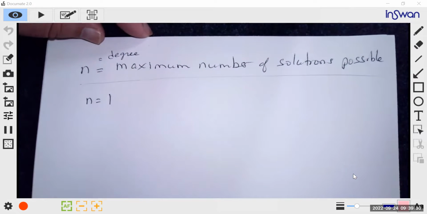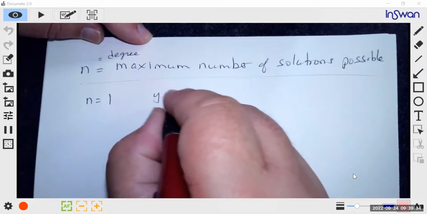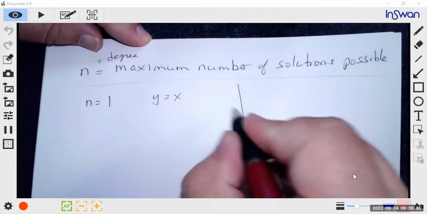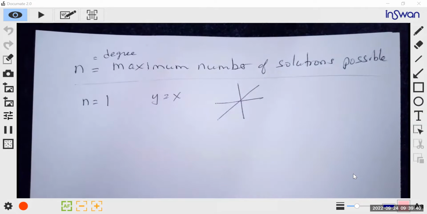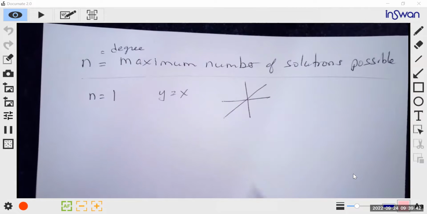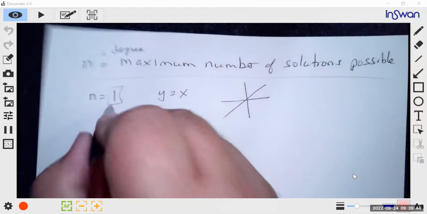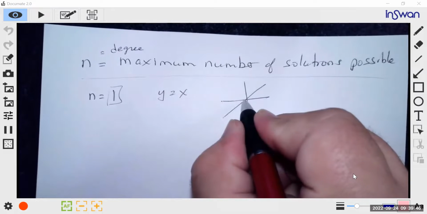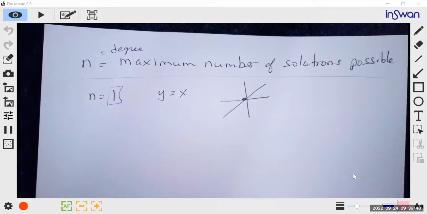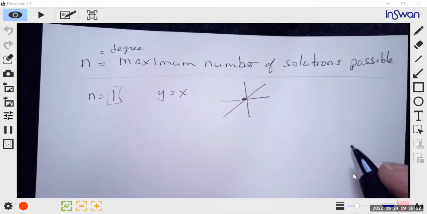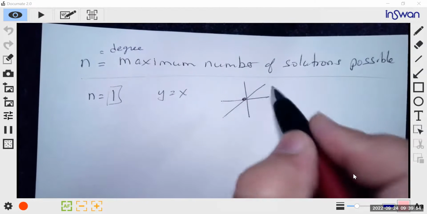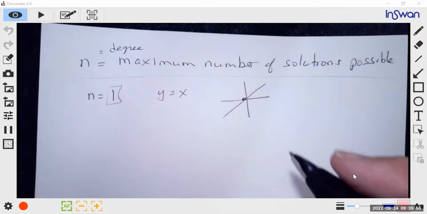It's a value of x, so it's a straight line. Remember, the degree tells us the number of intercepts we can have. There's one solution, one x-intercept. And 1 minus 1 is 0, so it has no vertices.